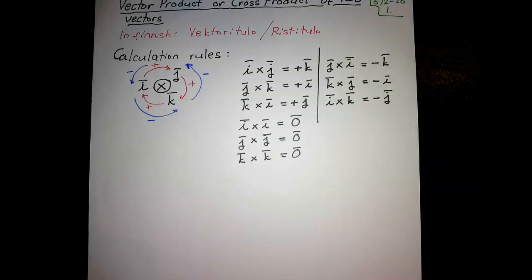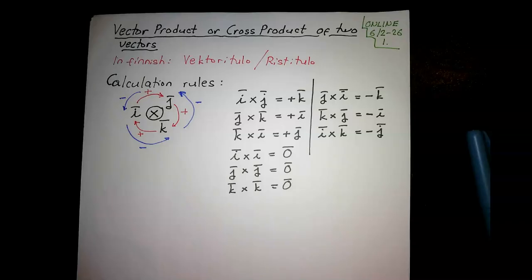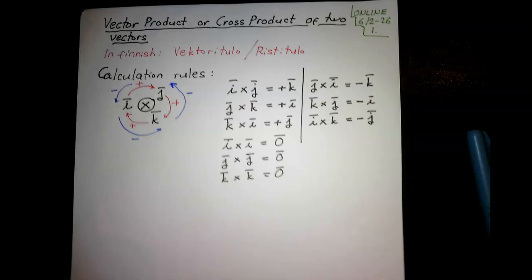So here are actually all the rules we need to remember when we are doing cross multiplication between two vectors.